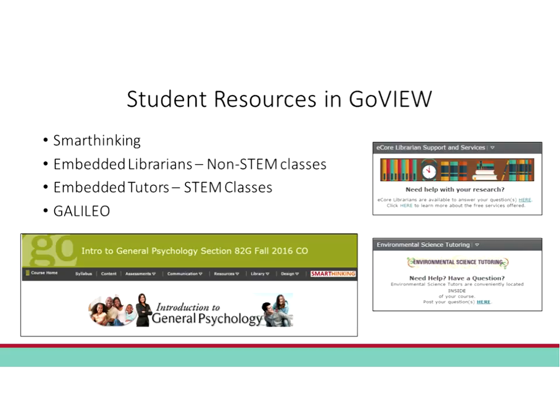We have librarians in there who can help them with research questions, how to cite sources, and anything like that. And for students in our STEM classes, they have access to an embedded tutor on the discussion board. Our tutor typically responds within 24 to 48 hours once they ask a question on the discussion board. So those are all resources that you can point your students to if they need a little bit of help.